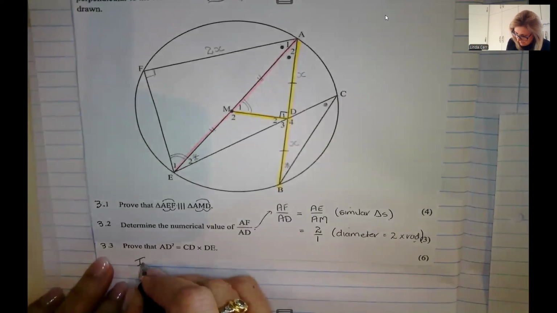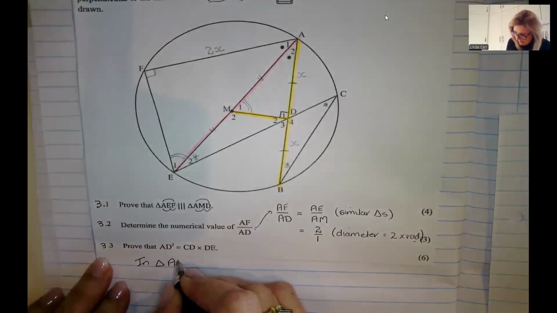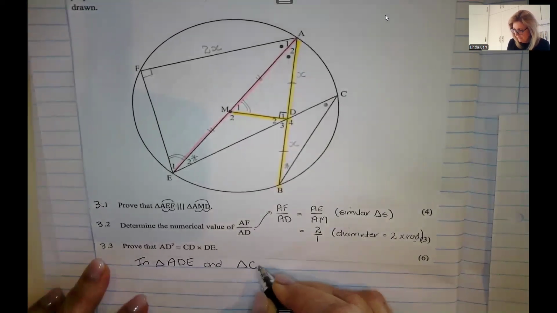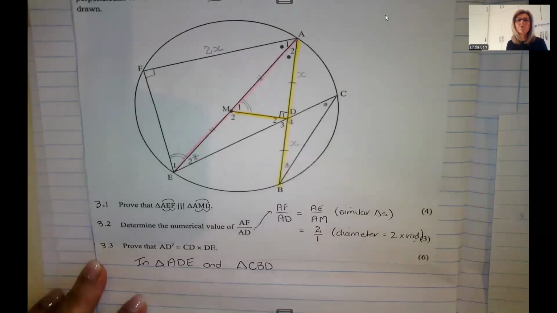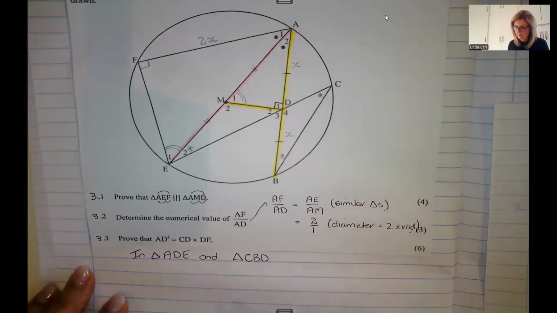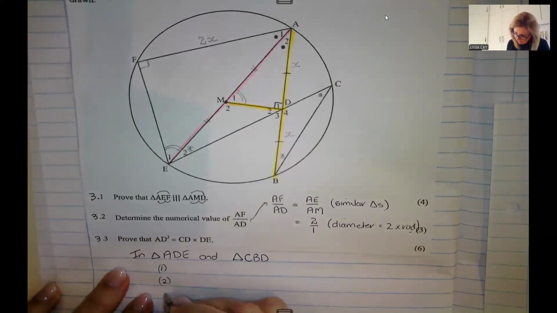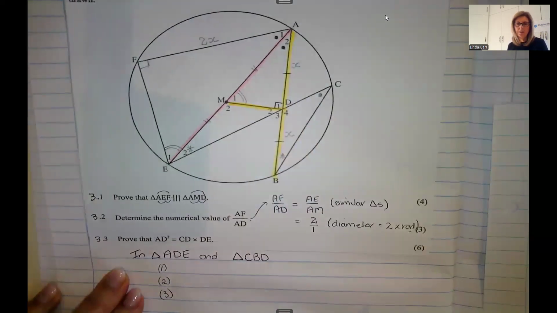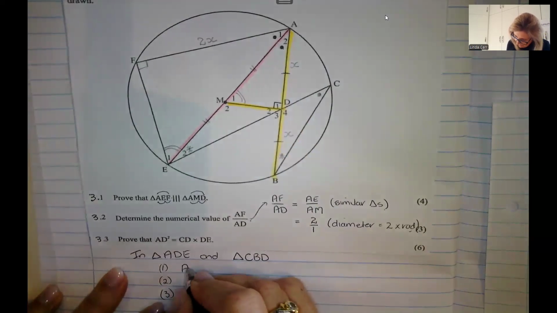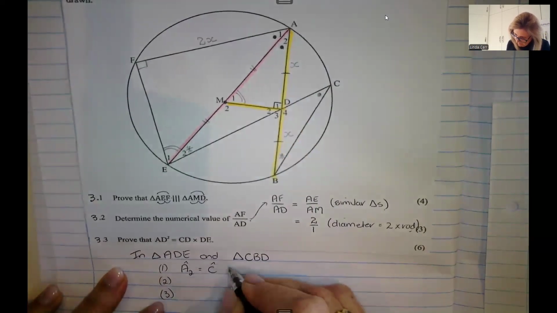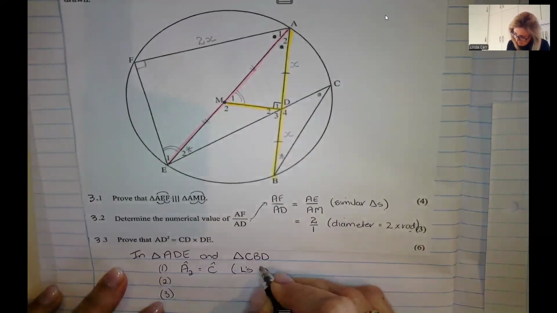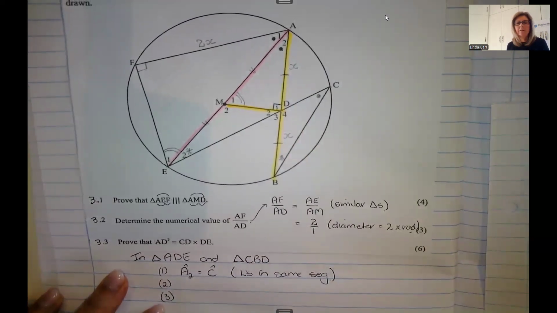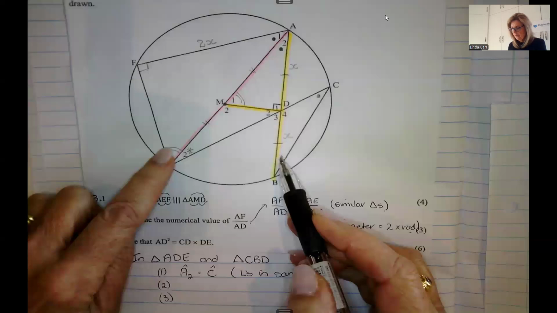So I've got in triangle ADE, and triangle CBD. Remember, order is not vital now. It's only vital at the end. So we've already said A2 is equal to C. So we're going to write that down now. So angle A2 is equal to angle C because they are angles in same segment. And then I suppose next easiest is to use the other two.